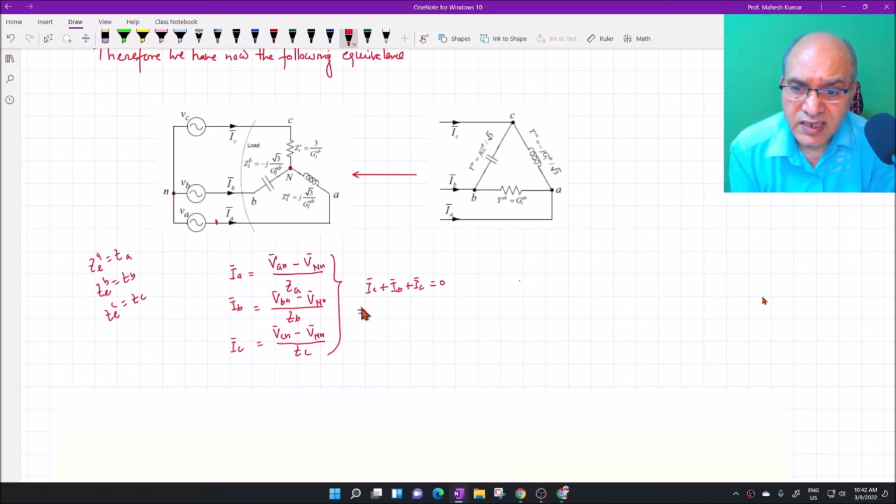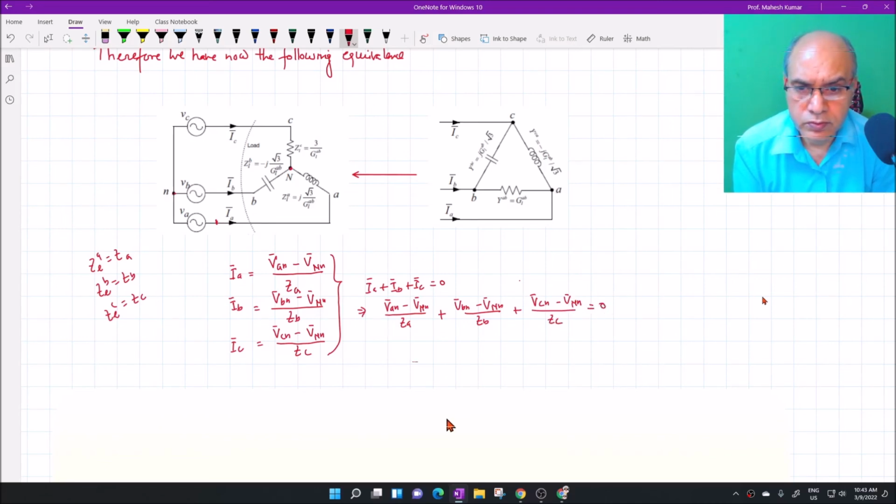That implies that (VAN minus VNN) by ZA plus (VBN minus VNN) by ZB plus (VCN minus VNN) by ZC must be equal to 0.